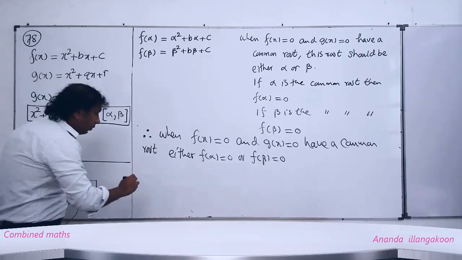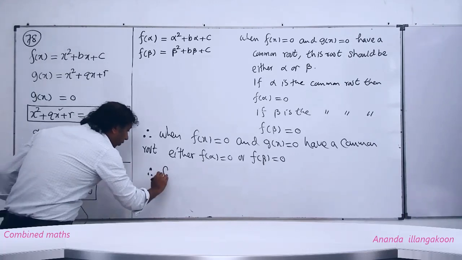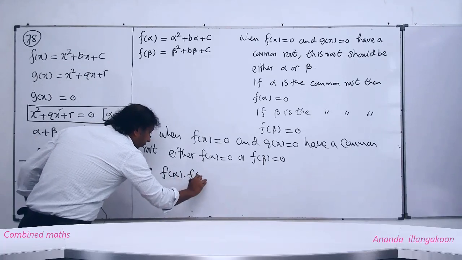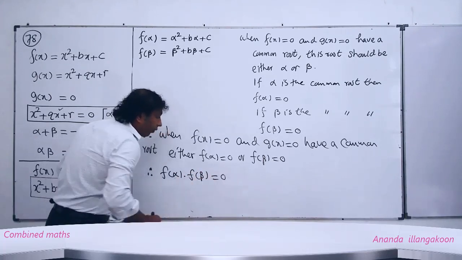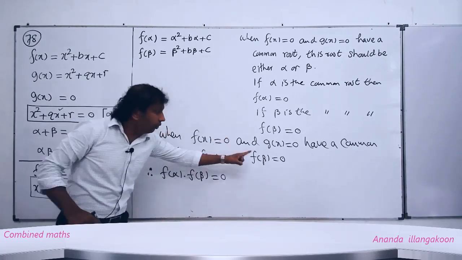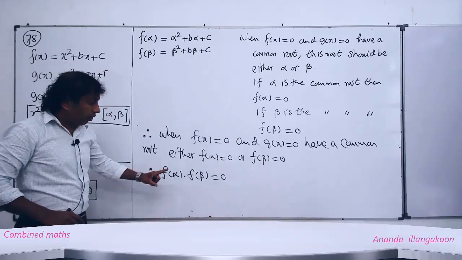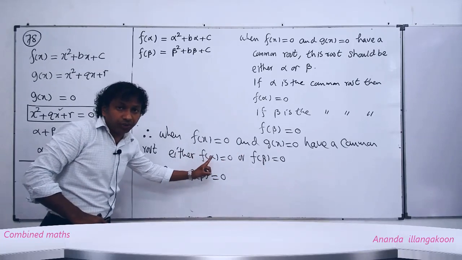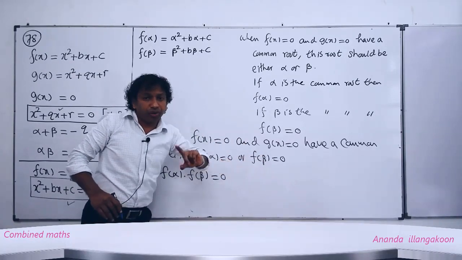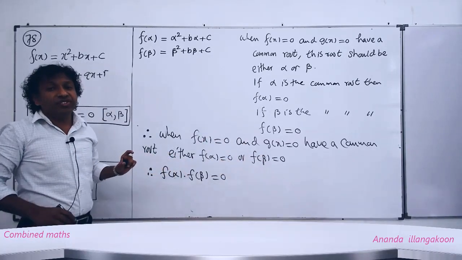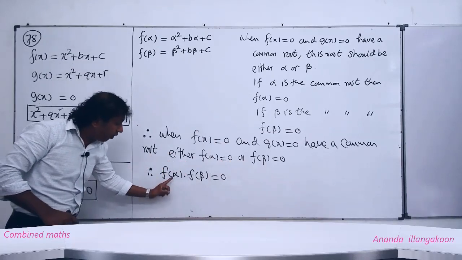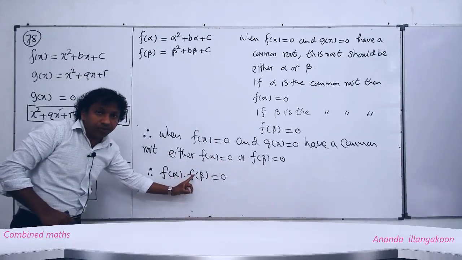And therefore, people, you can write, therefore, f(alpha) into f(beta) product is 0, no? This is 0 or this is 0, one of these two definitely should be 0, people. Either this is 0, if this is not 0, then this must be 0. One of those two is definitely 0. That means, people, f(alpha) or f(beta), one of these two is definitely 0.